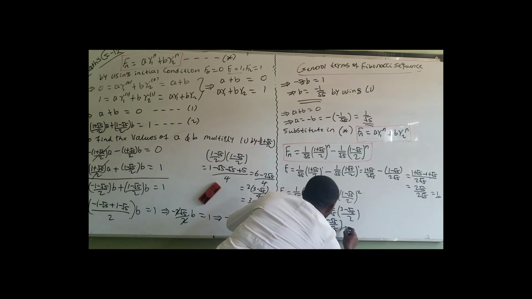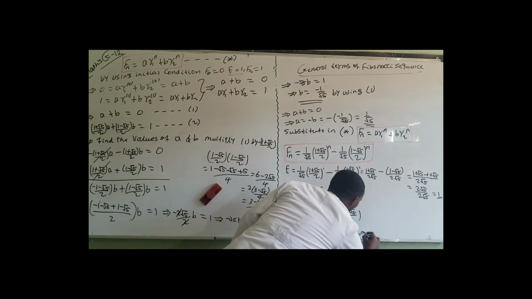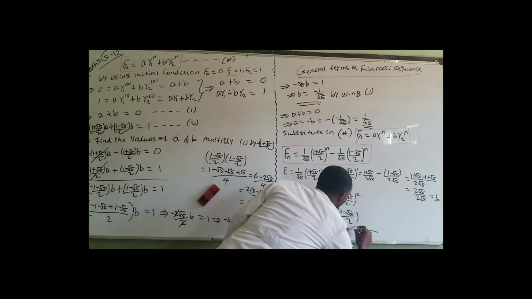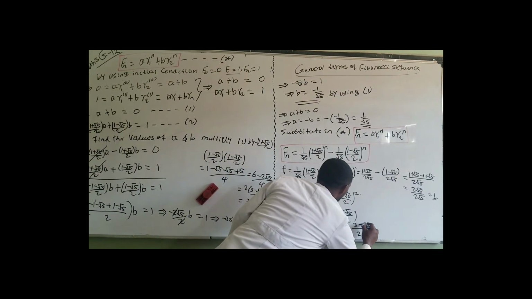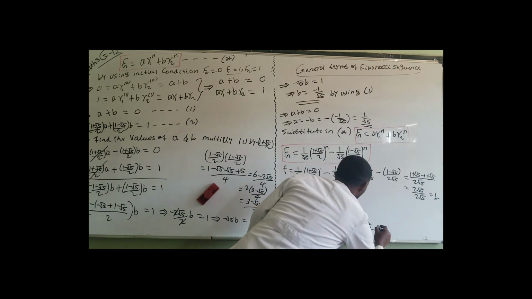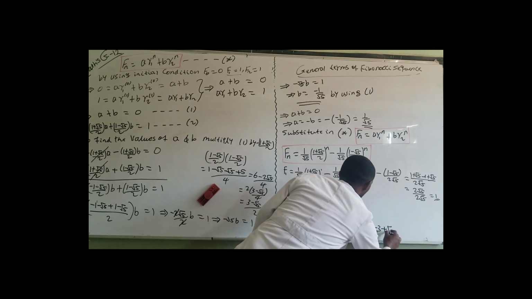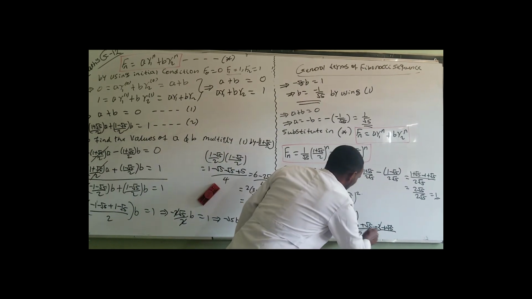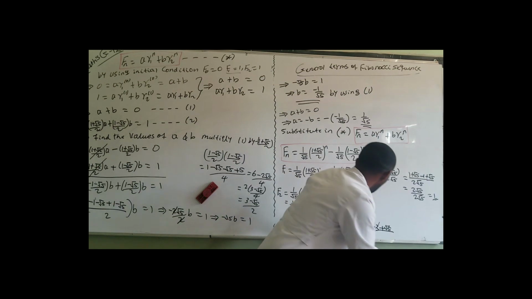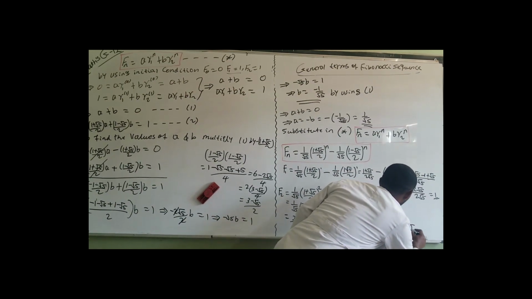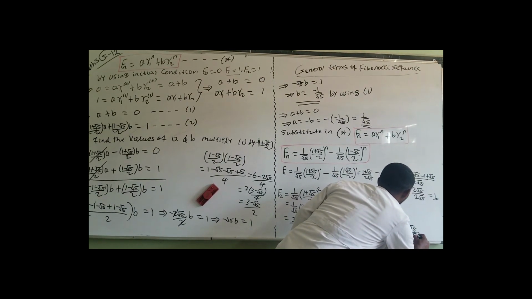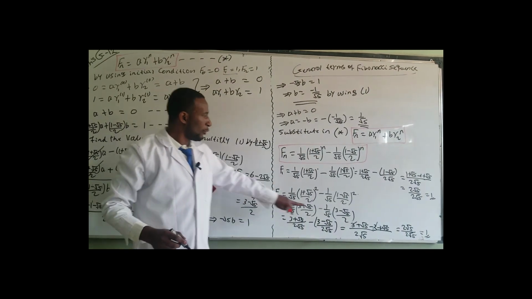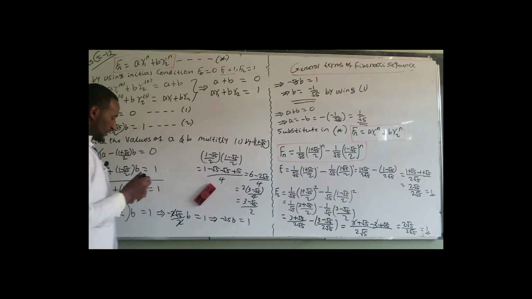We can take as common denominator 2 root of 5: 3 plus root of 5 minus 3 plus root of 5, then the 3 cancels out. Then 2 root of 5 over 2 root of 5 is 1. So f1 and f2 are both 1.